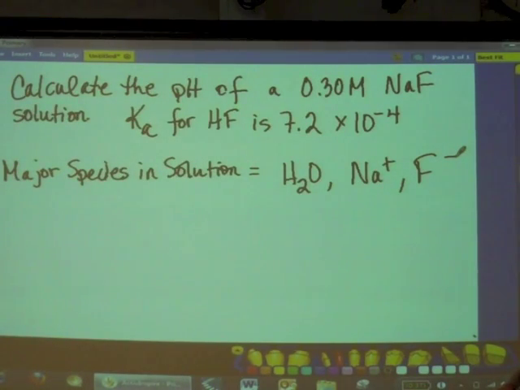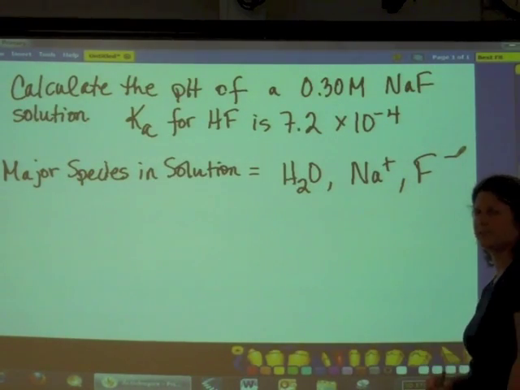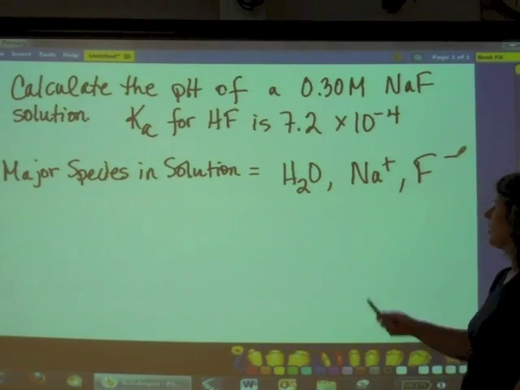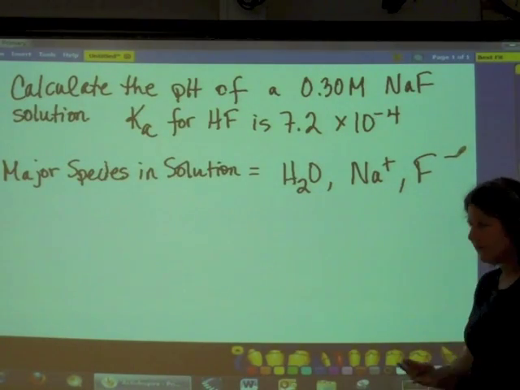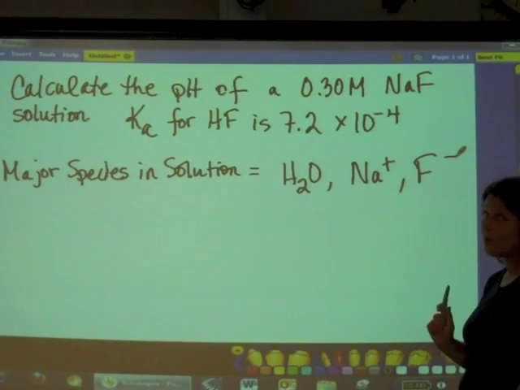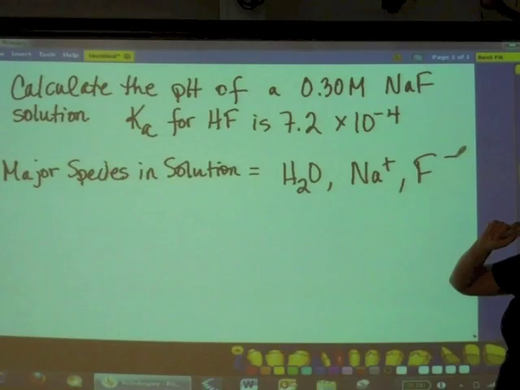Okay, so which of these things, the sodium or the fluoride, is going to affect the pH? Well, the sodium is the cation of a strong base. It has no effect on pH. But fluoride, on the other hand, is the anion of a weak acid.